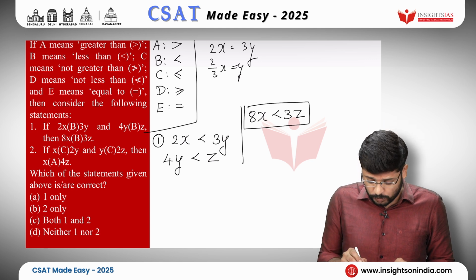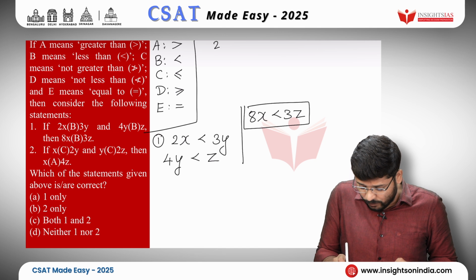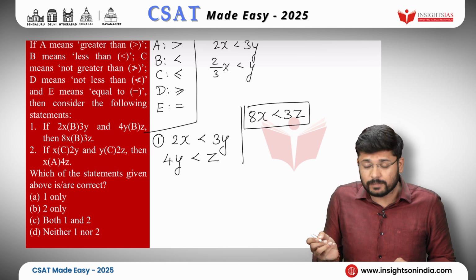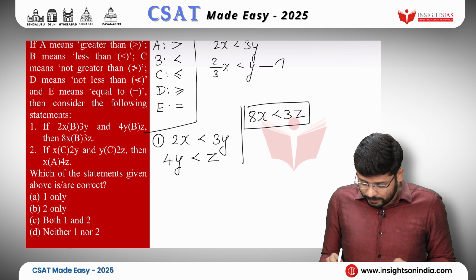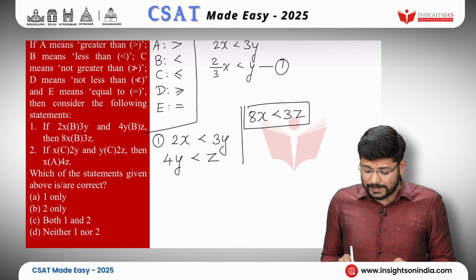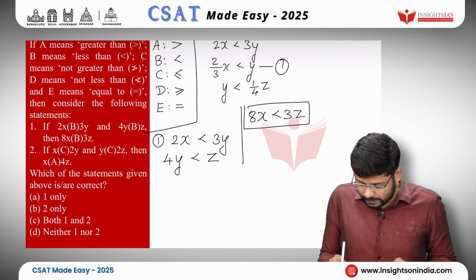We could do this. Similarly, you can do the same operation for inequalities also. If 2x is less than 3y, then we can write 2 by 3x is less than y. Okay. This is one condition. And the other one is 4y is less than z, right? We can write it as y is less than 1 by 4 z. Okay, this is the second one.